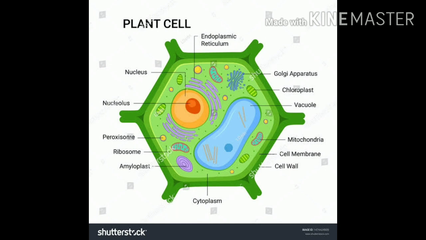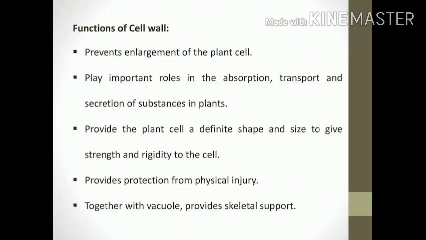In plant cell, it is made up of a complex sugar, cellulose. So we will see now what are the functions of cell wall. It provides rigidity and definite shape to the cell. It regulates the osmotic pressure of cell and protects the cell from infections and mechanical damage.